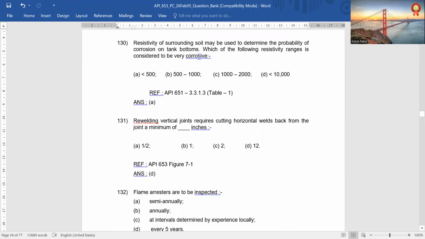Which of the following resistivity ranges is considered to be very corrosive? Less than 500. Rewelding vertical joints requires cutting horizontal welds back from the joint to a minimum of 12 inches.